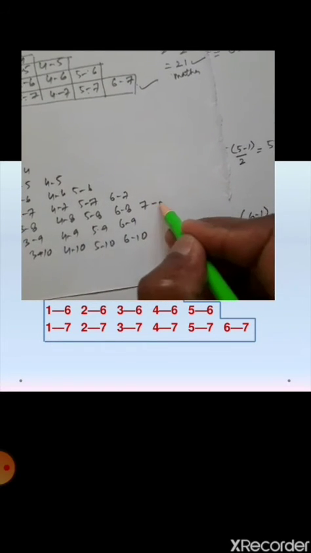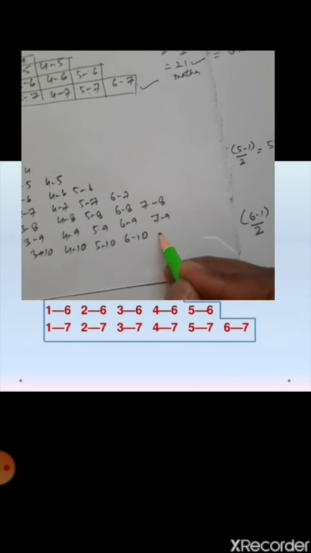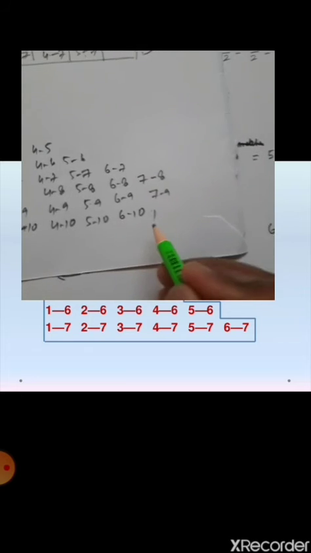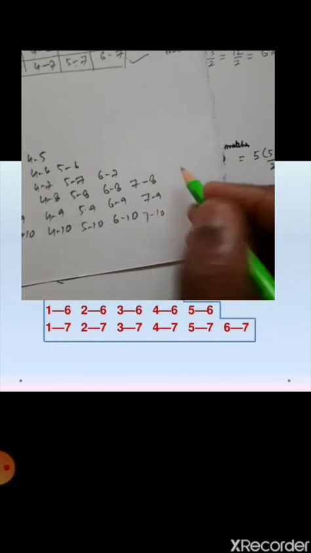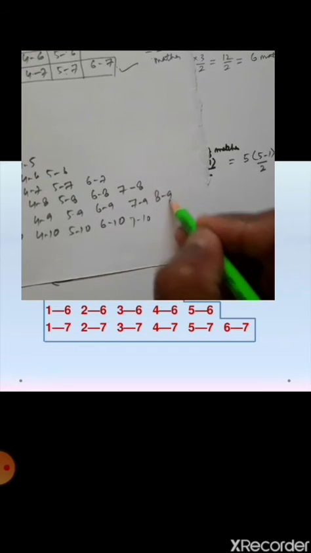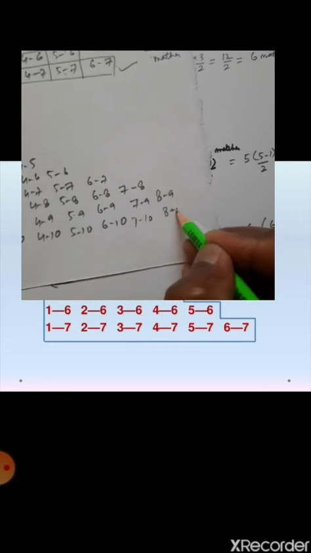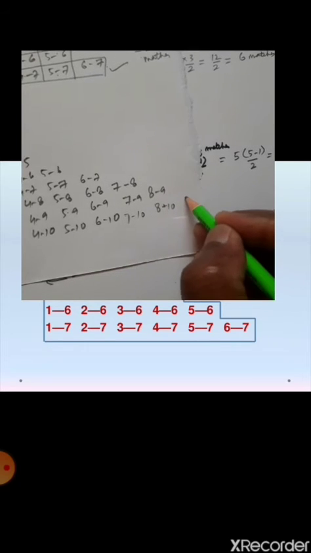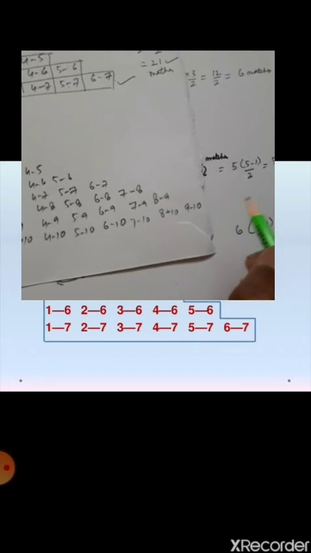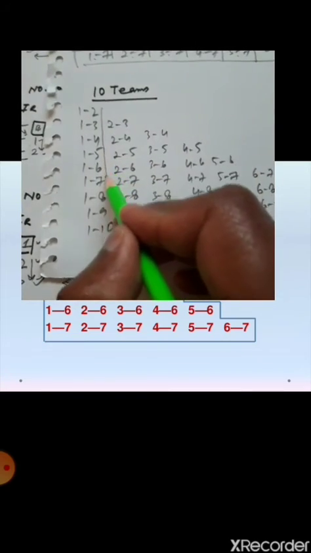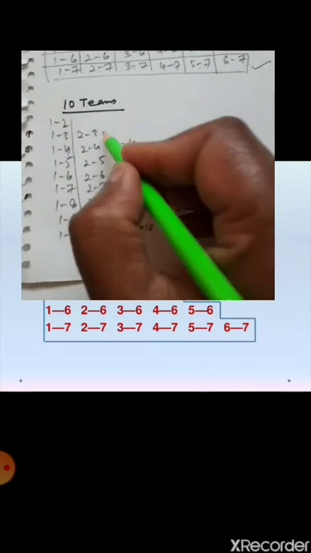Then 7 by 8, 7 by 9, 7 by 10. Then 8 by 9, 8 by 10, and then 9 by 10. Now let's make a full staircase type.